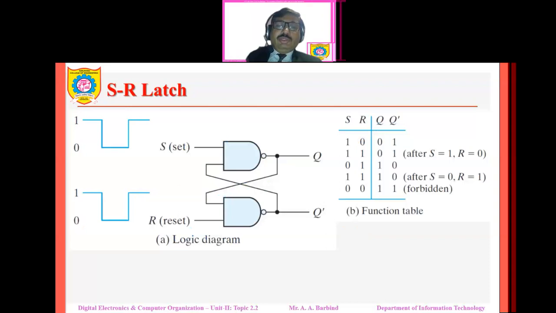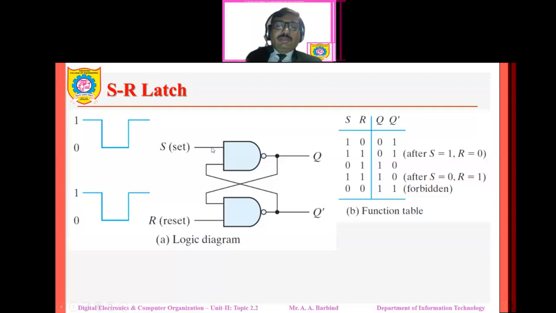The outputs of the latch are fed to the other gate. You can see that the output of one NAND gate is given as an input to the second NAND gate, whereas the output of the second NAND gate is given as input to the first NAND gate.